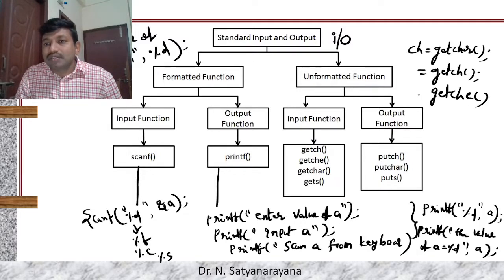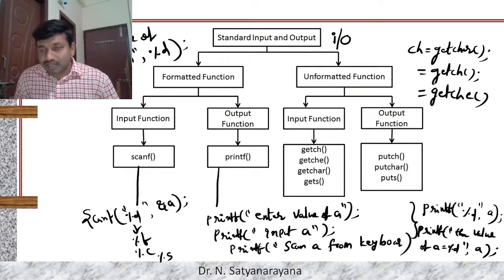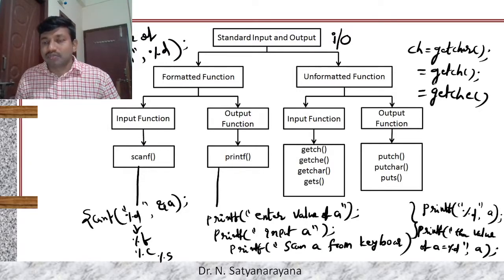So here the input has to be just a character. You don't have any alternative in submission of characters. You just press any key on the keyboard. So getchar or getche will be waiting at the keyboard to scan the value. The moment you press the character, they will take the character.